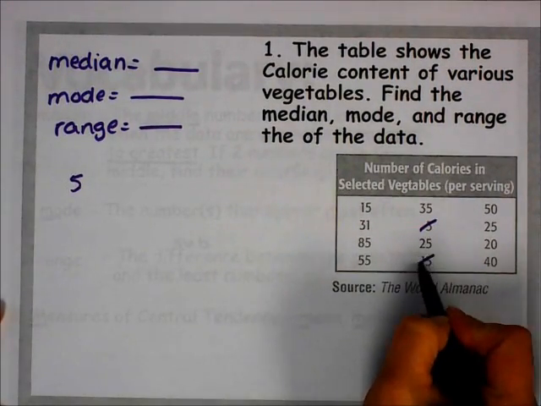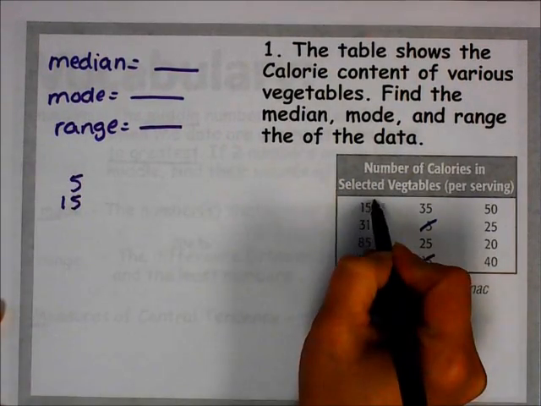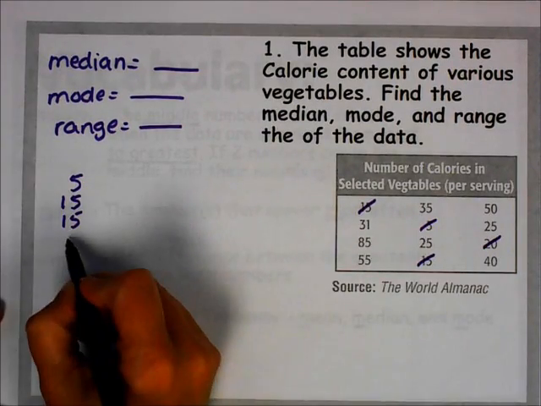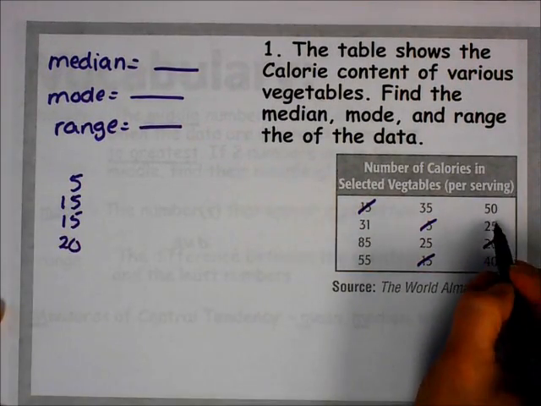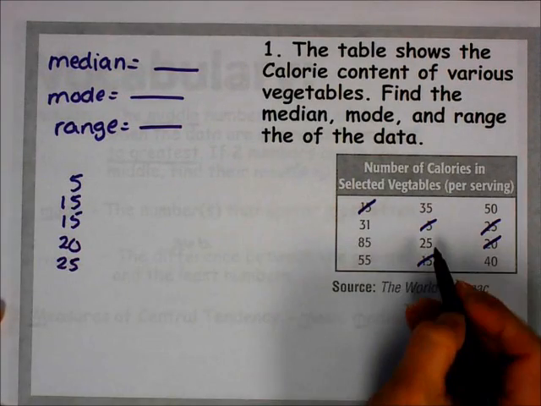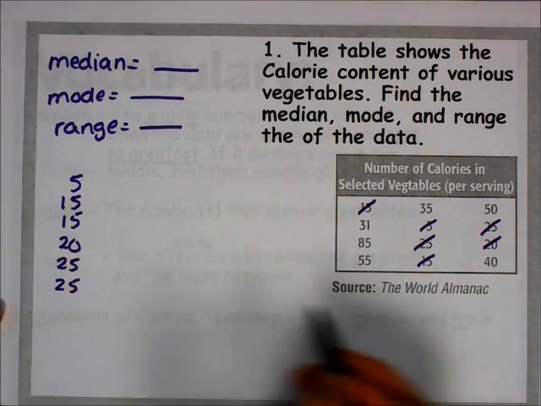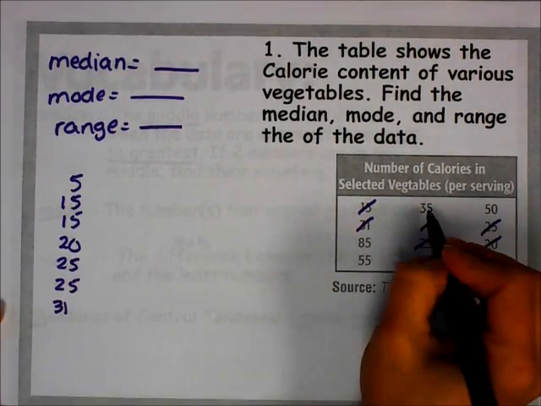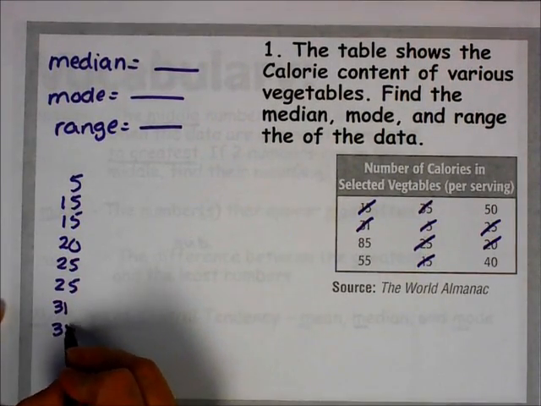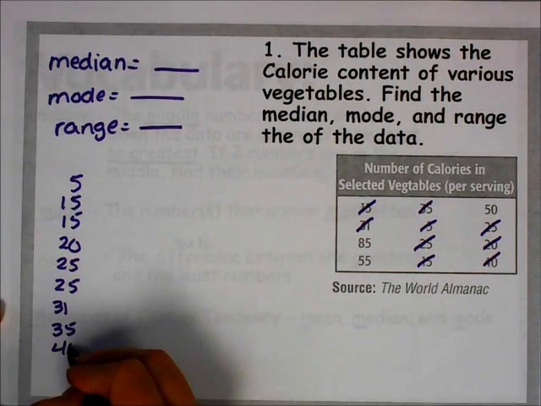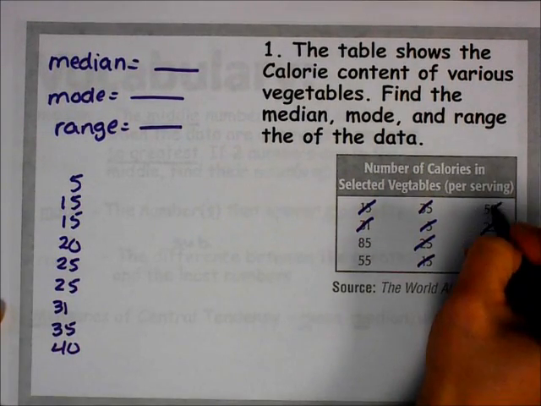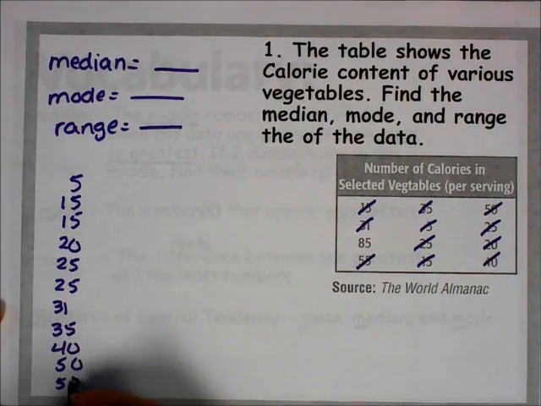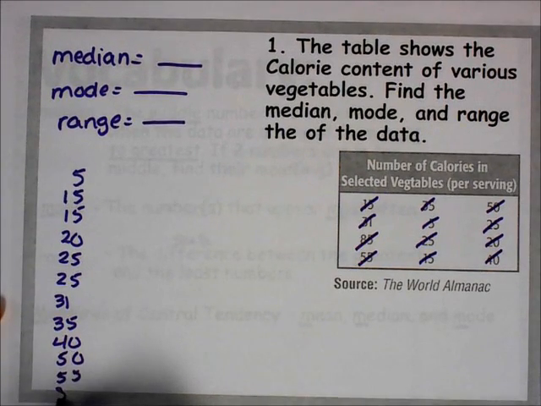Then I have a 15, another 15, a 20, a 25, another 25, a 31, a 35, a 40, 50, 55, and 85.